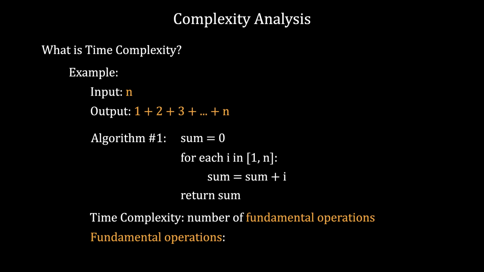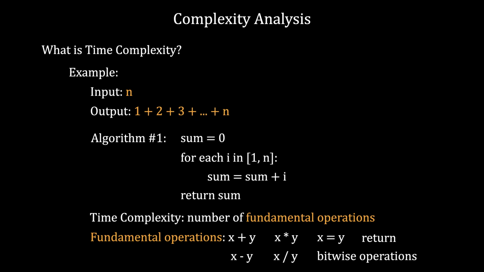And some of them are addition, subtraction, product, division, assigning, bitwise operations, the return statement inside functions, and comparisons. Bear in mind that the data type that we work with is super important. For example, if x and y are integers or floats, this is considered a fundamental operation.